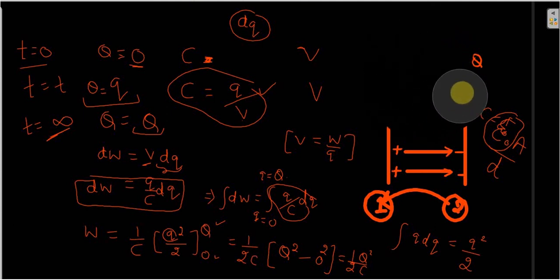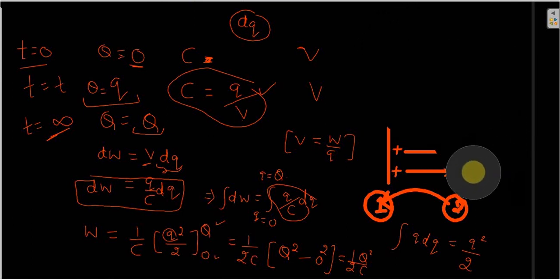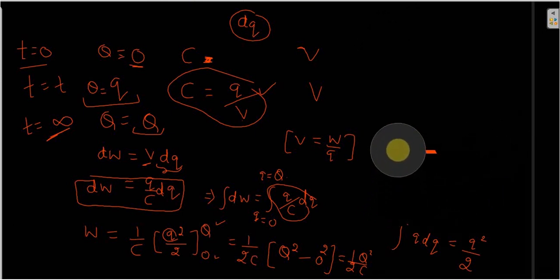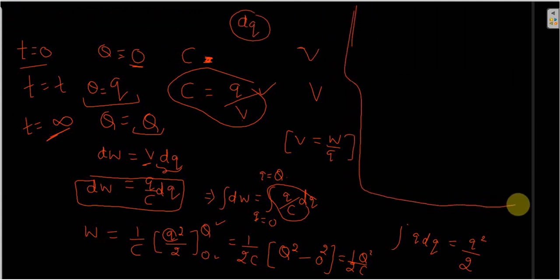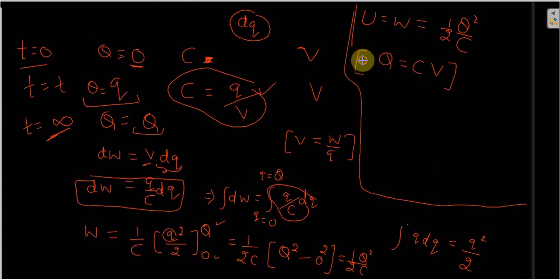Next we will write different expressions for this formula. The first formula, as we discussed, is W, which is stored as potential energy. So U is equal to W, that is equal to half Q square by C, and we know Q is equal to CV, from the definition of capacitance.